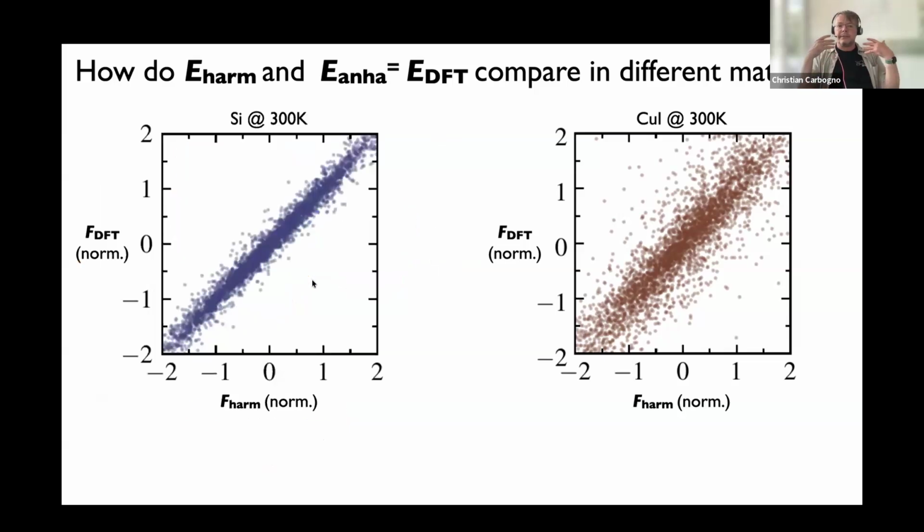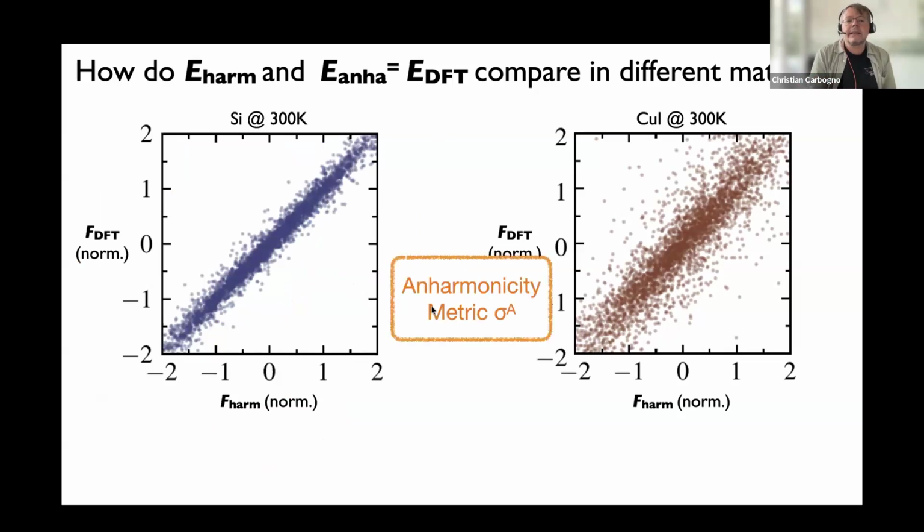So this gives you, again, a qualitative idea of what goes on, but what you can then do is also define a metric. We call it the non-harmonicity metric, and this is nothing else than the standard deviation of this distribution. If you calculate the standard deviation, you get a value of 0.15 here for silicon.